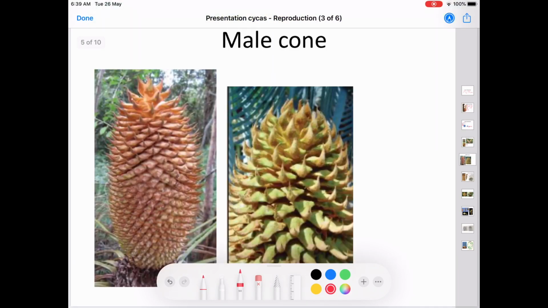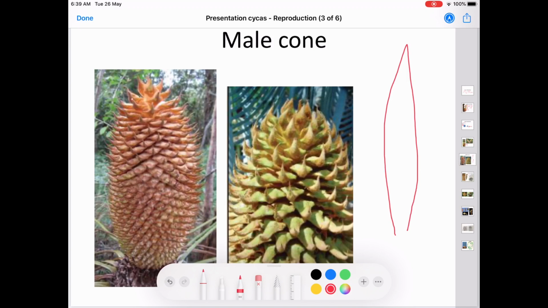Now, coming on to the structure of a male cone, the male cone carries numerous microsporophylls, and these microsporophylls will be arranged on a central axis.